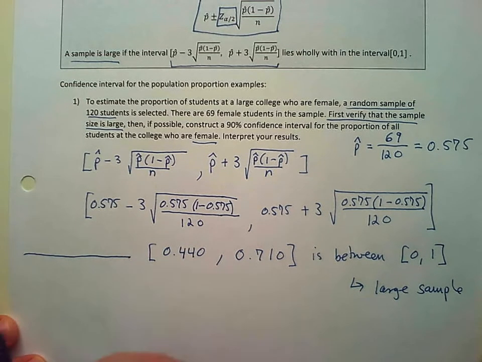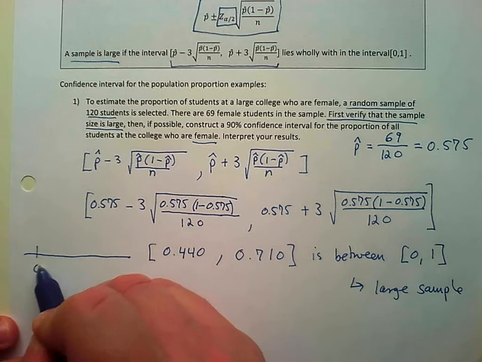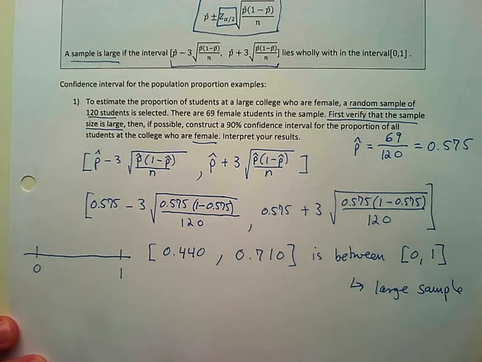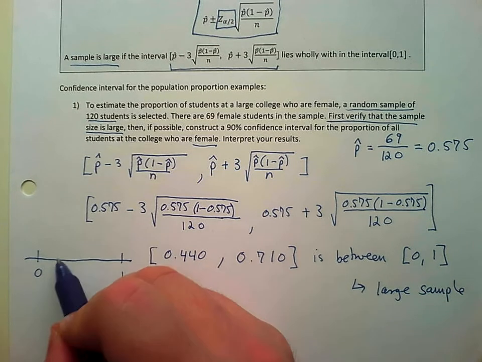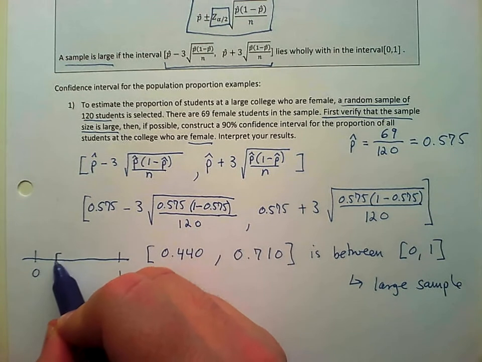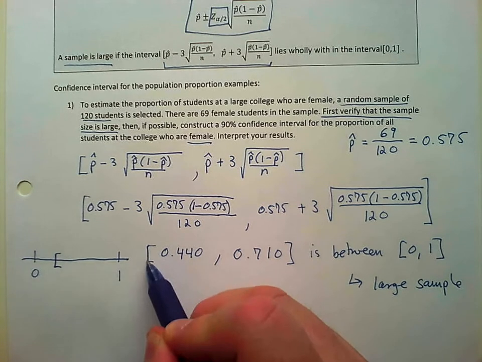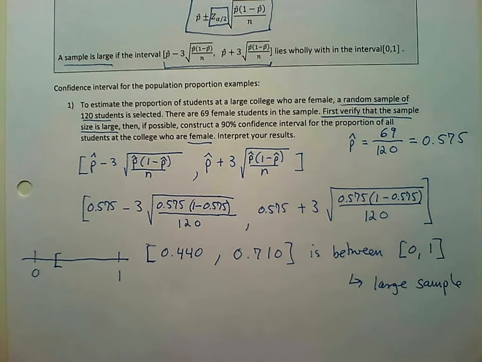And think about this here on a number line. Suppose that here I have a number line that goes between 0 and 1. The lower bound of the interval that we just calculated out is 0.440. If I wanted to mark 0.440 on this number line, where would I mark it? Well, maybe it's somewhere right here. So I'll make it this bracket right here, since this is our lower bound bracket.